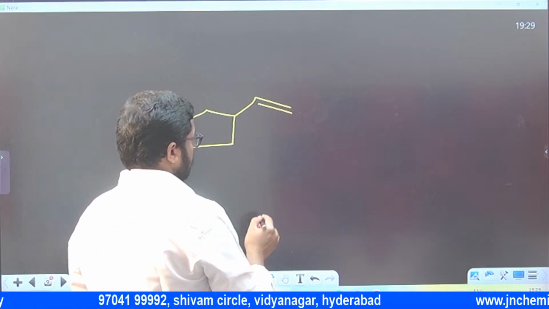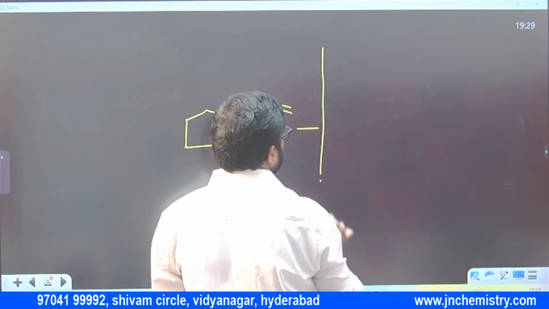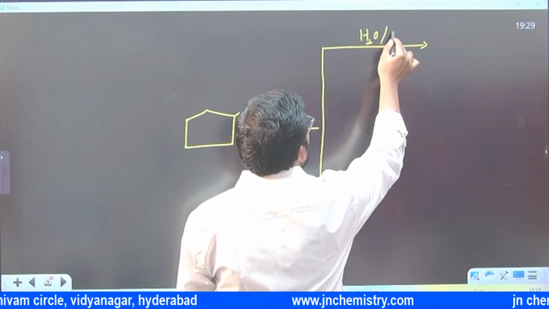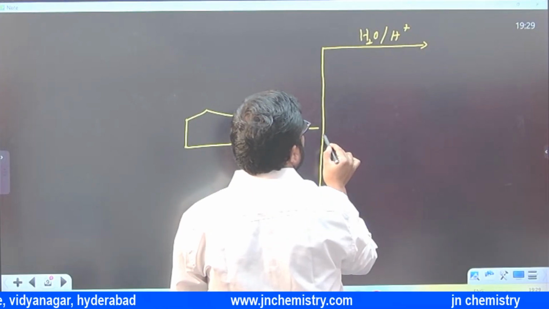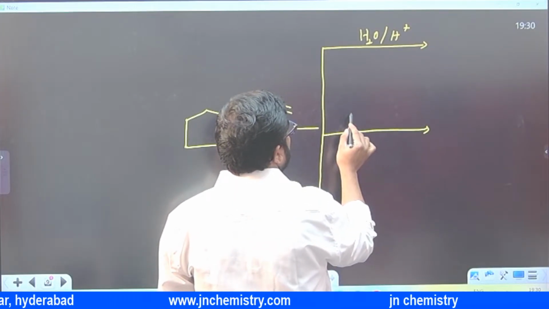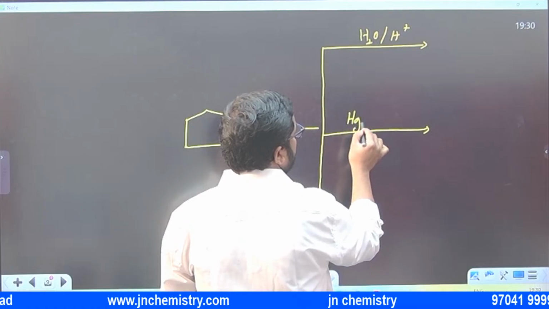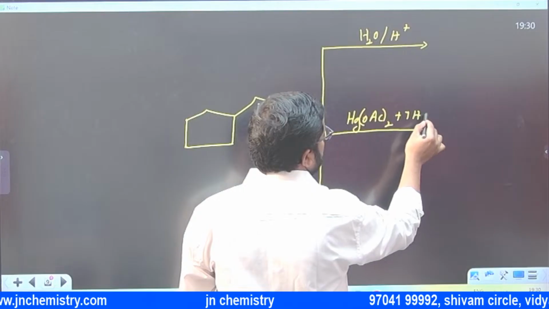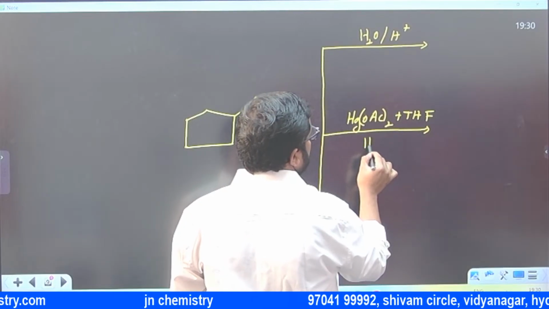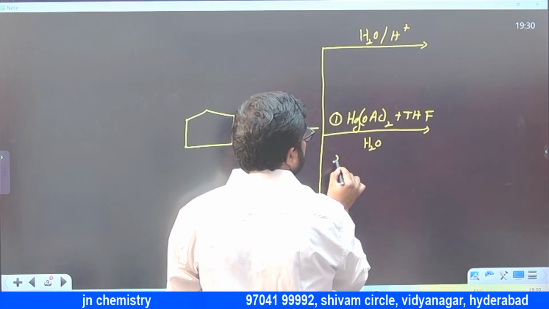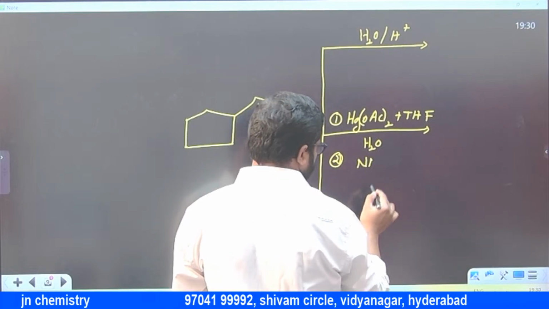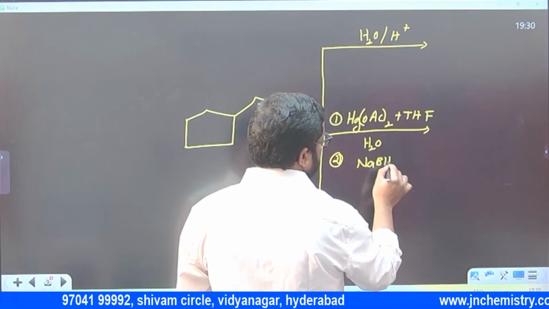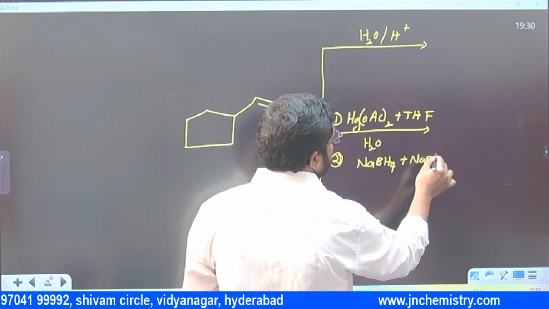With H2O and H+, and Hg(OAc)2 taken twice plus THF and H2O, this is one; in this case step 2 is NaBH4 plus NaOH.